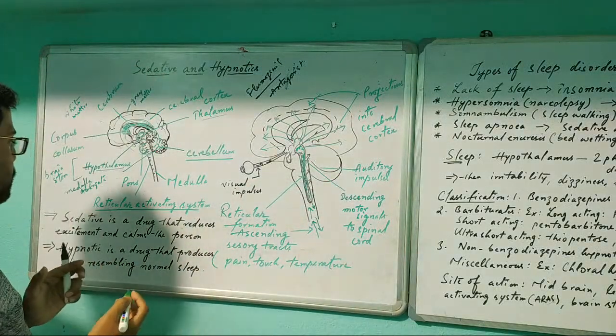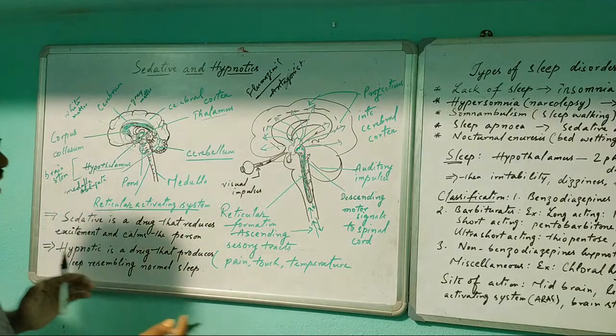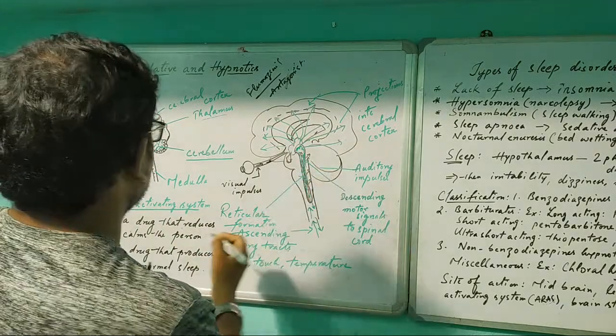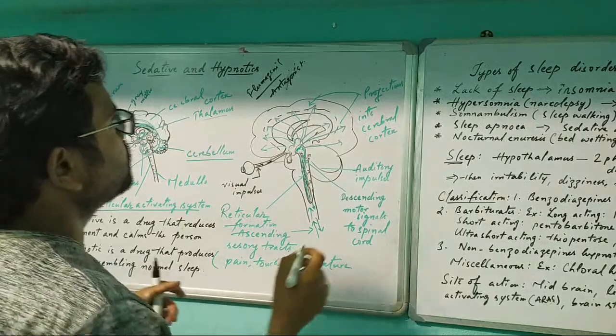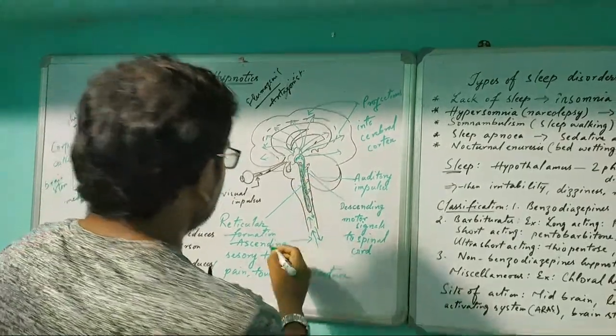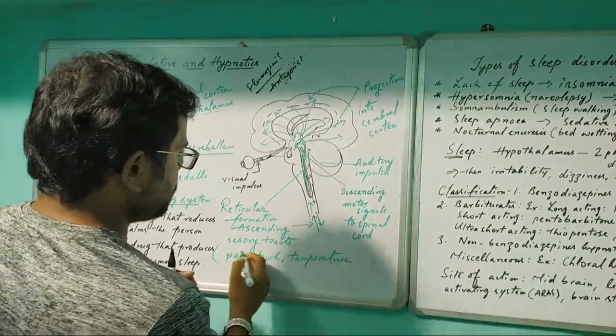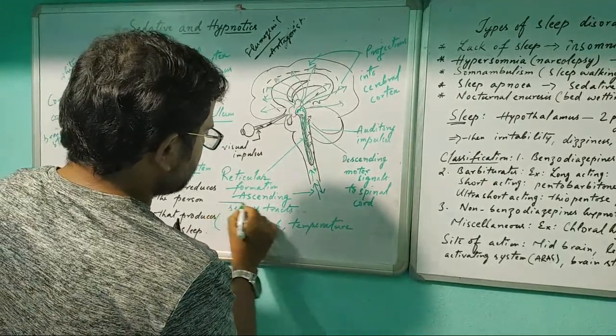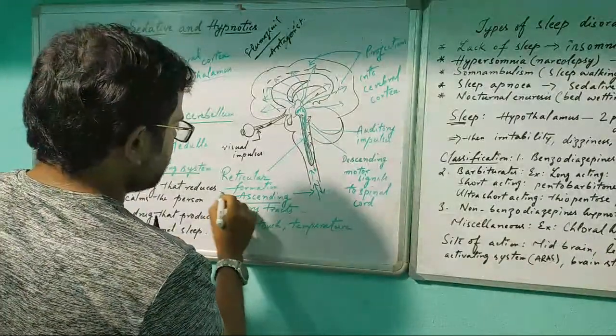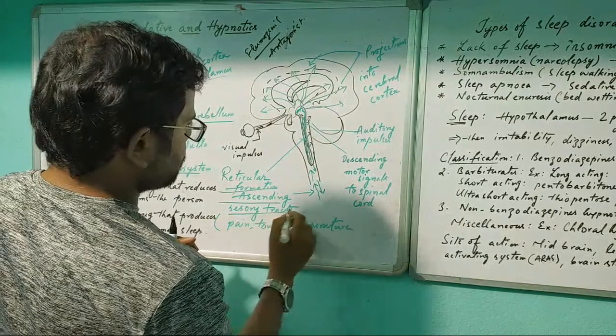Now I will move to the diagram again. The first diagram is over. In this diagram, here is the reticular formation, and here are the ascending sensory tracts.